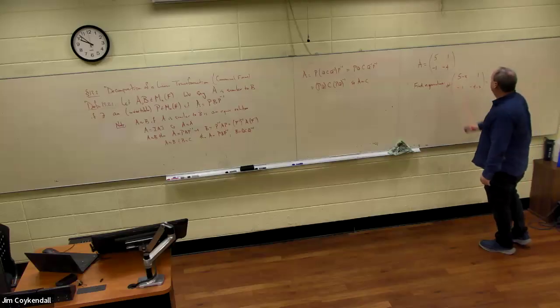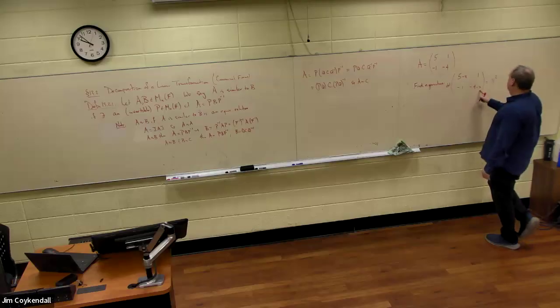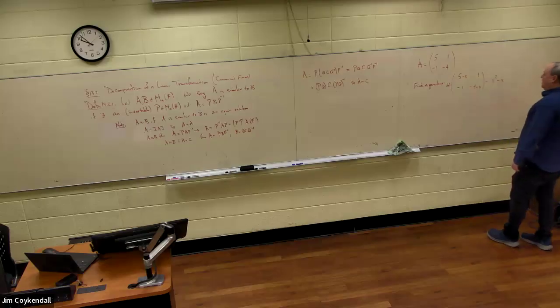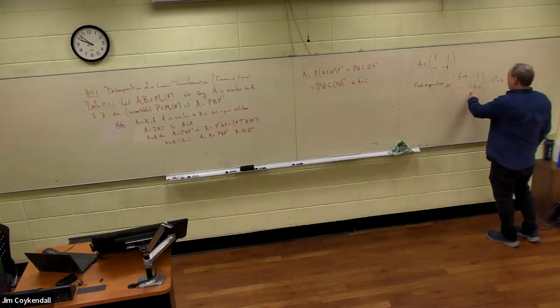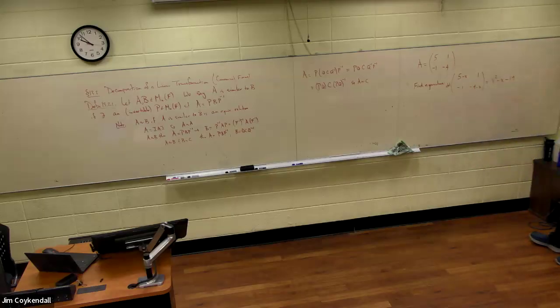If I take the determinant of this, I get x squared minus 5x plus 4x is minus x, and that's going to be minus 20 plus 1 is minus 19. Okay, everybody okay so far?